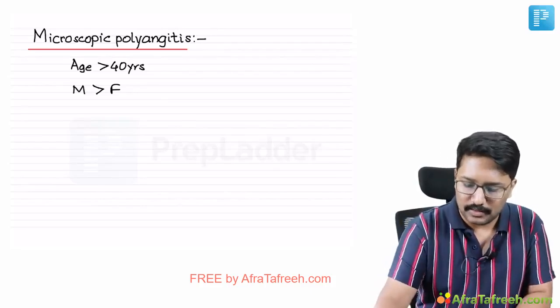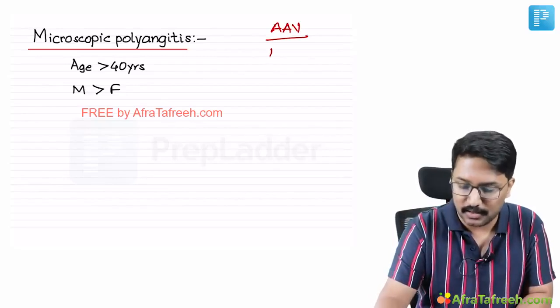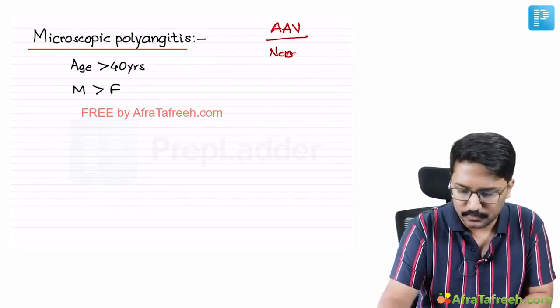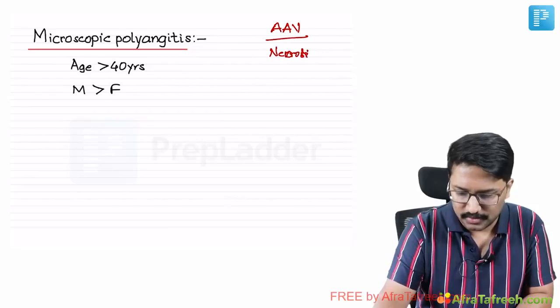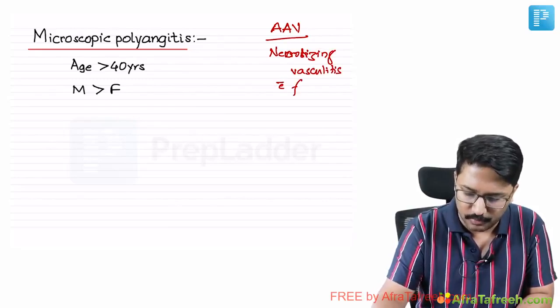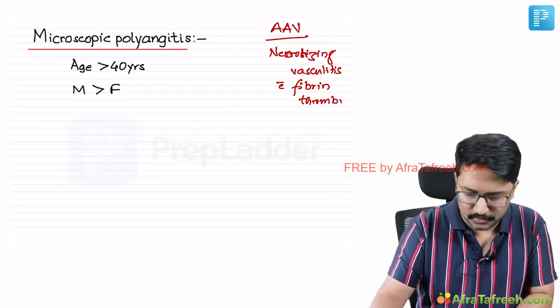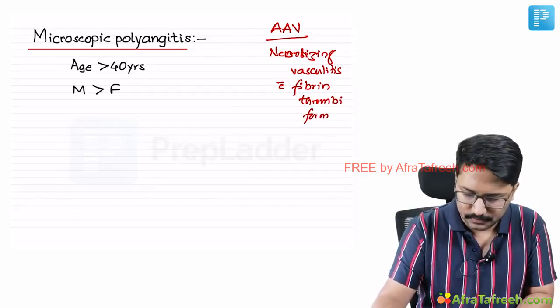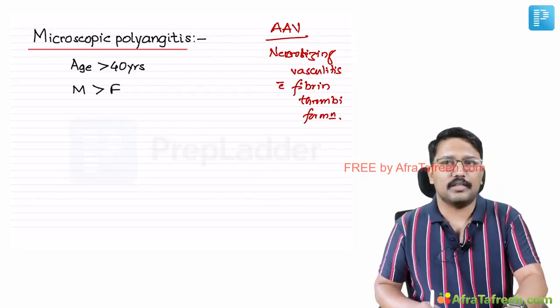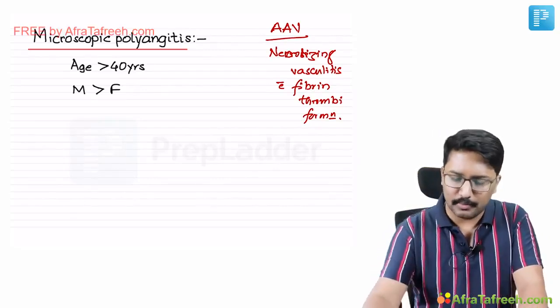Among all ANCA associated vasculitis, the vasculitis is characteristically described as necrotizing vasculitis, often associated with fibrin thrombi formation. So we can call this necrotizing vasculitis with fibrinoid necrosis.